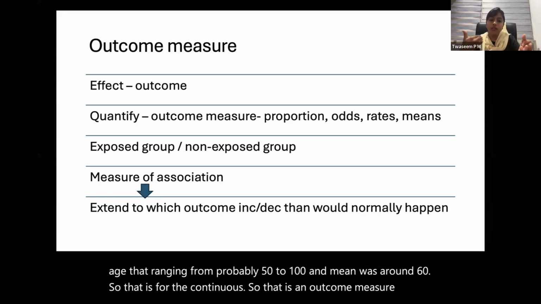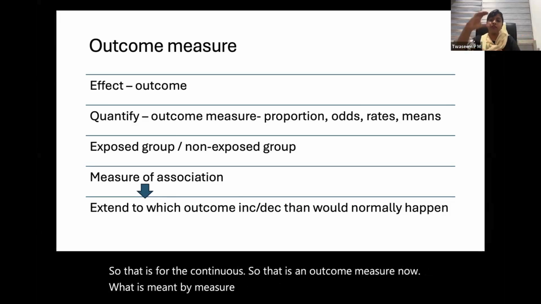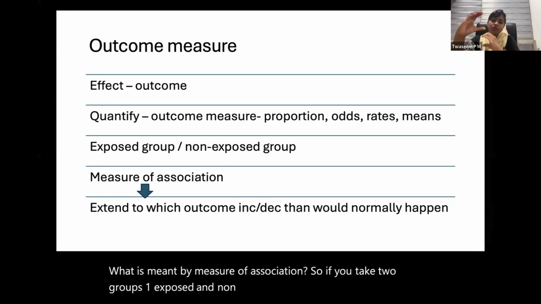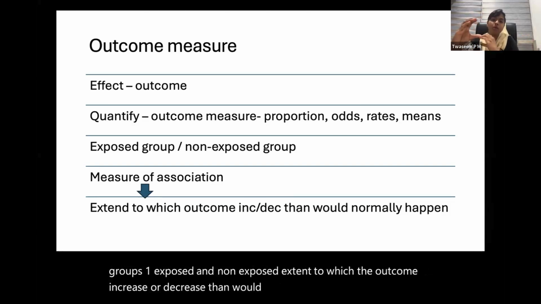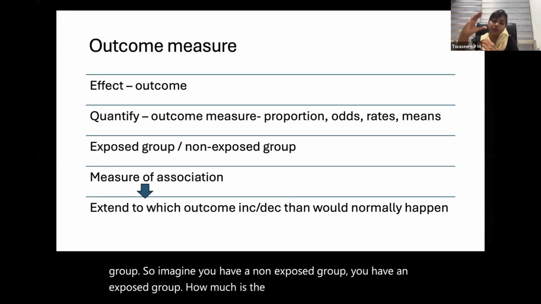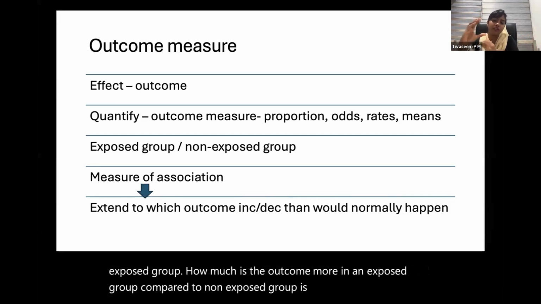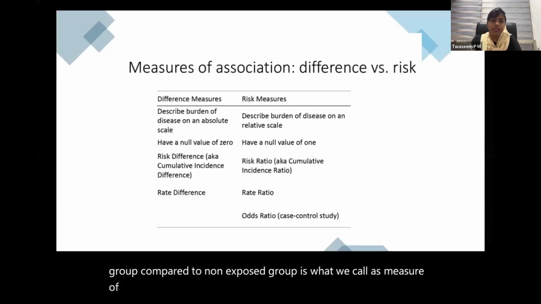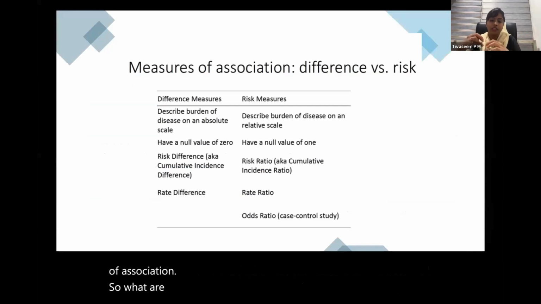Now, what is meant by measure of association? If you take two groups, one exposed and one non-exposed, it is the extent to which the outcome increases or decreases compared to what would normally happen in a non-exposed group. Imagine you have a non-exposed group and an exposed group. How much more is the outcome in the exposed group compared to the non-exposed group is what we call the measure of association. So what are the different measures of association?